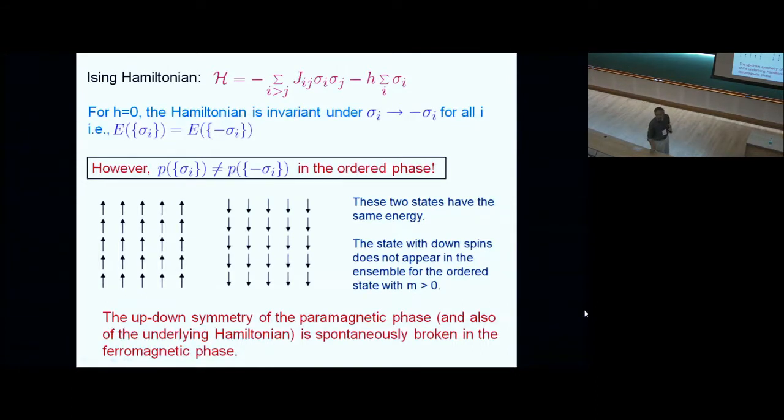New things emerge as a collective behavior of the system. Spontaneous symmetry breaking is, I find, one of the most surprising things that emerge because of the presence of a very large number of particles.